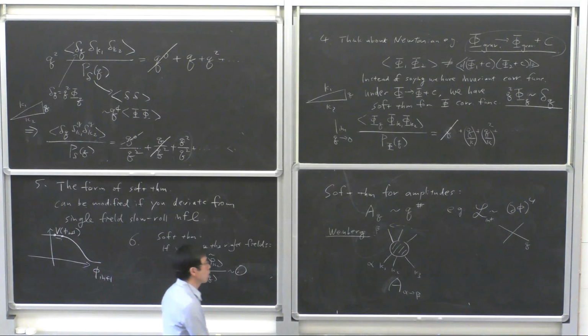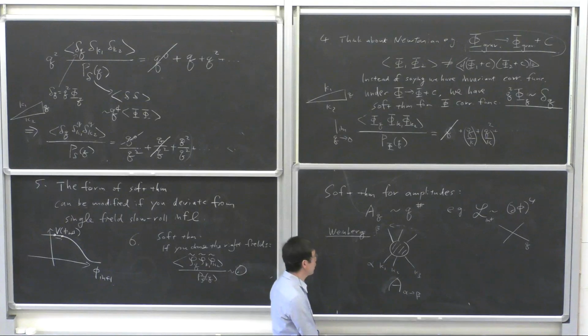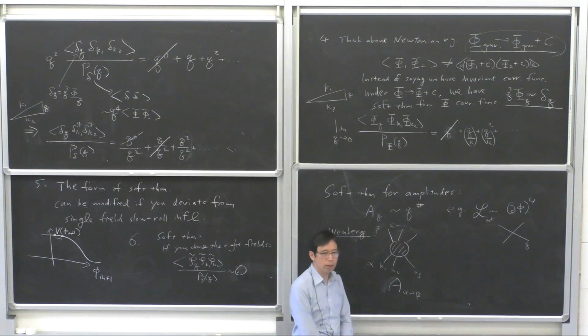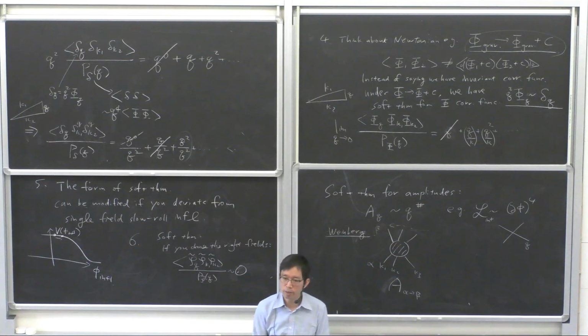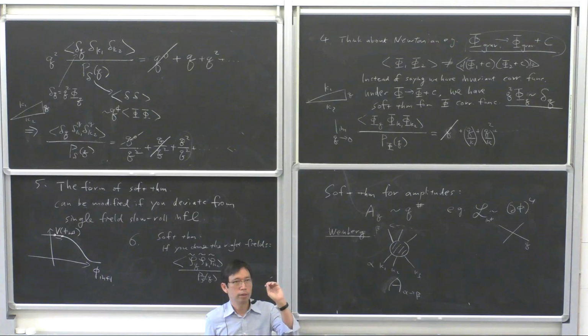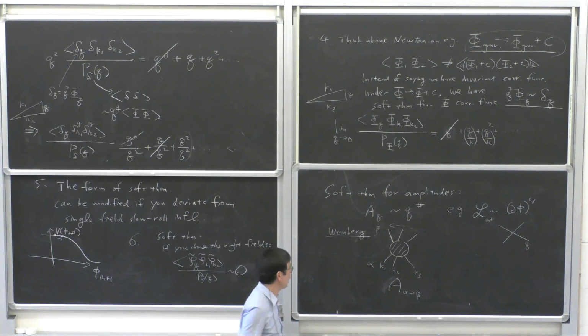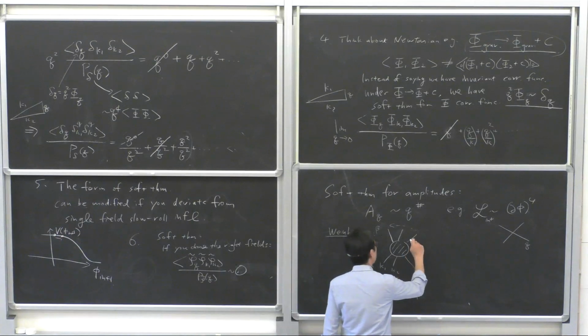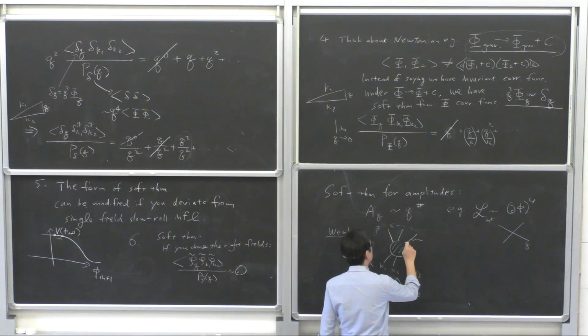Now suppose I'm interested in the same process, but now this same process involves the emission of a soft photon. So, for example, something like this. I could imagine adding a soft photon here. So this is my soft photon gamma.